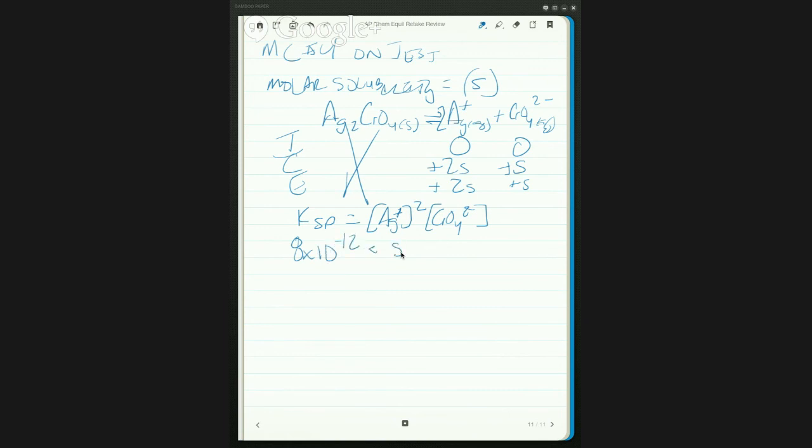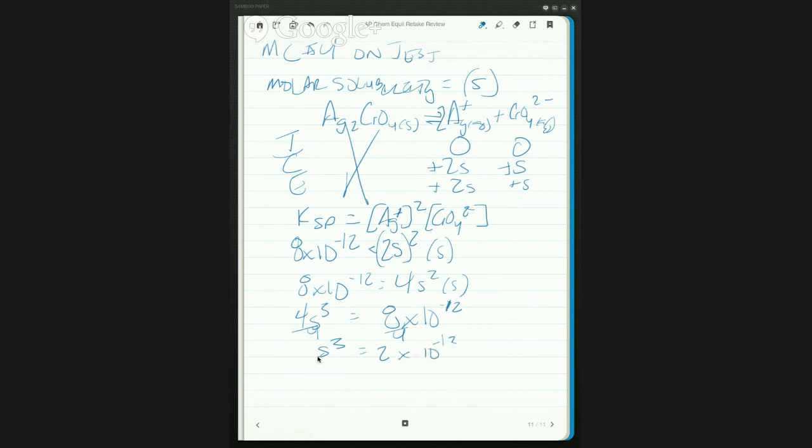So that's equal to 2S squared times S. So that's 8 times 10 to the negative 12th equals 4S squared times S. So I'm going to switch sides really quick and make it 4S cubed equals 8 times 10 to the negative 12th. Divide both sides by 4. So now we have S cubed is equal to 2 times 10 to the negative 12th.